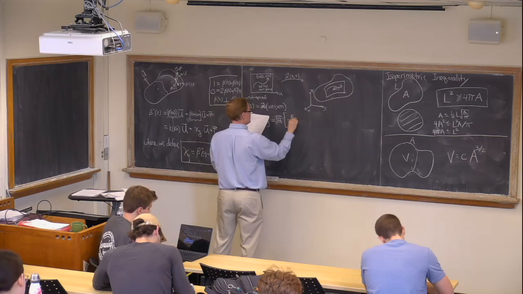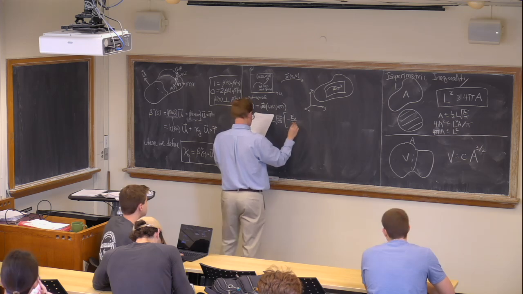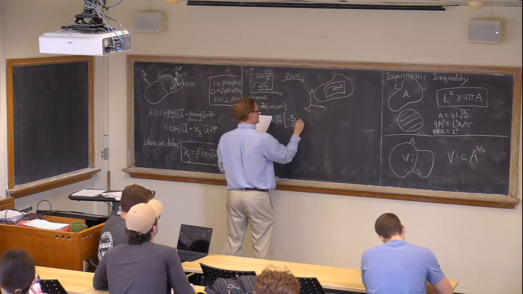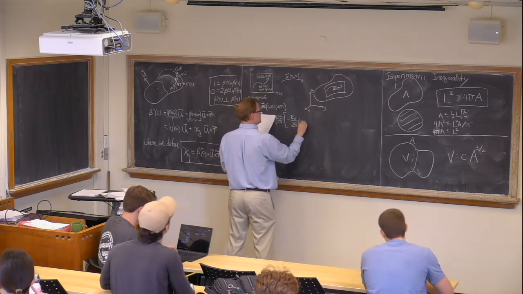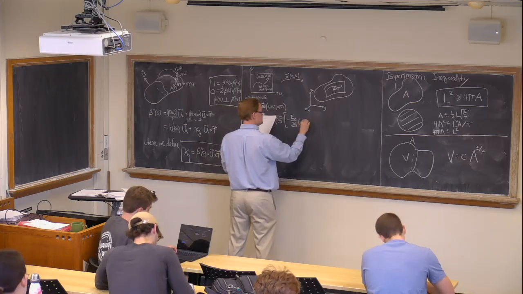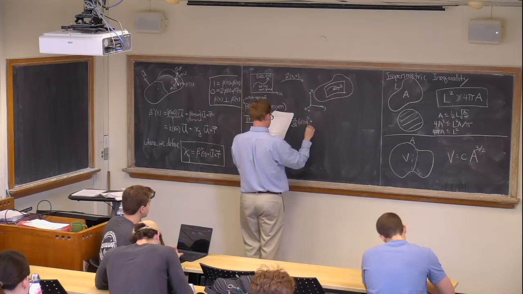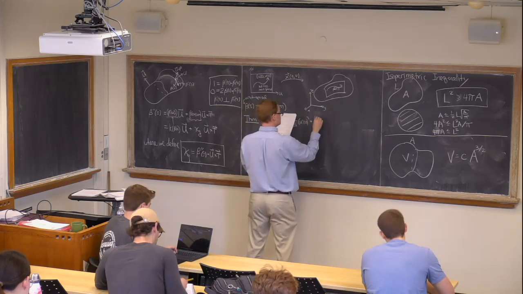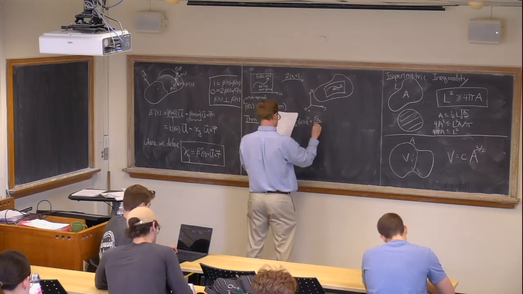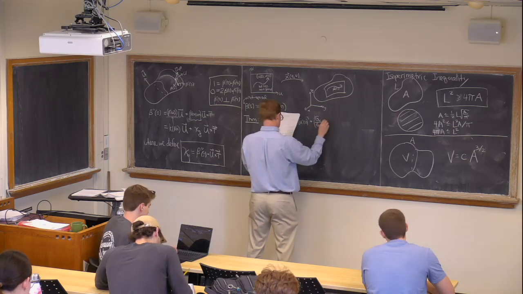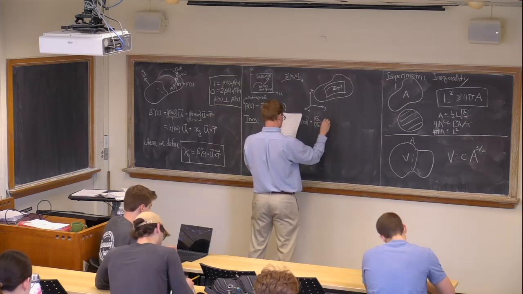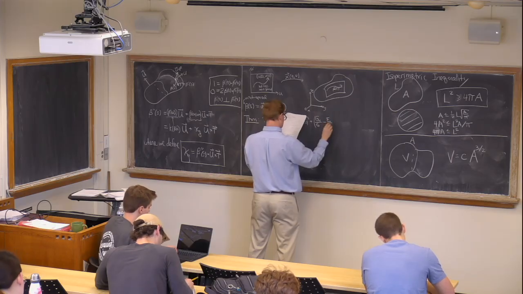Minus E. You see, I do not have this memorized. I don't know who in their right mind would. Then you have a u prime of s cubed plus... you don't need to write this down.